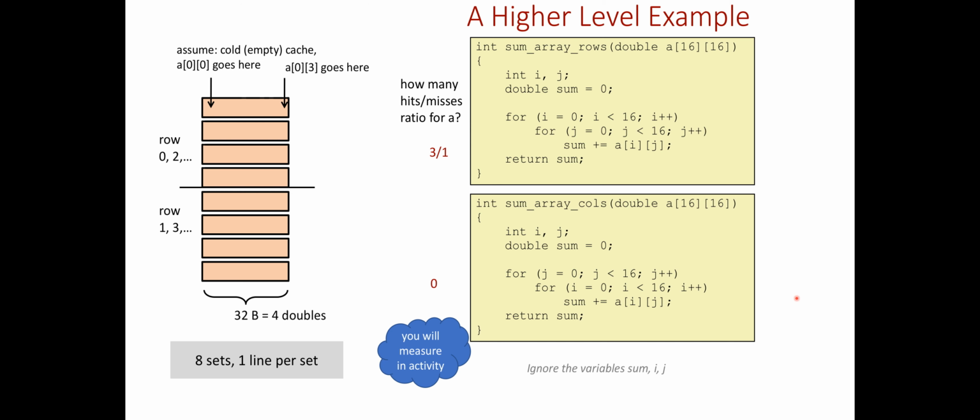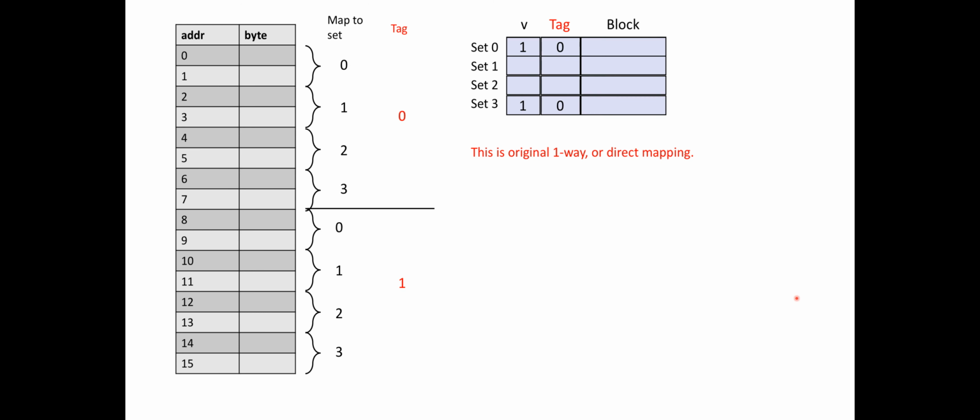All right, so now let's think about if we were to go from this example where we've got 4 sets that are direct mapping, or one way, so we only have a single line here.